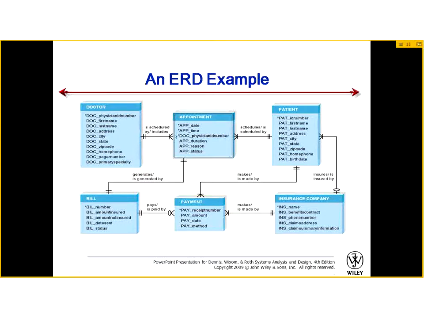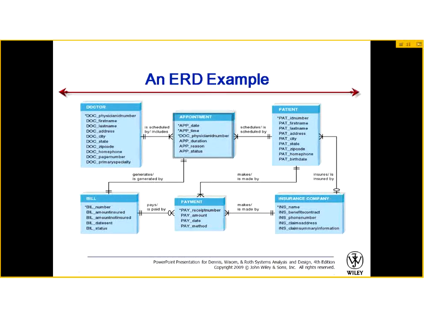Similarly, you can see that there are certain lines which are linking these boxes. These lines actually represent relationships, and the relationship title is written over the line. For example, doctor is scheduled by or includes appointment. An appointment schedules or is scheduled by patient.